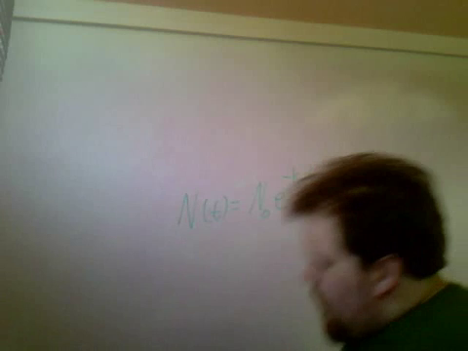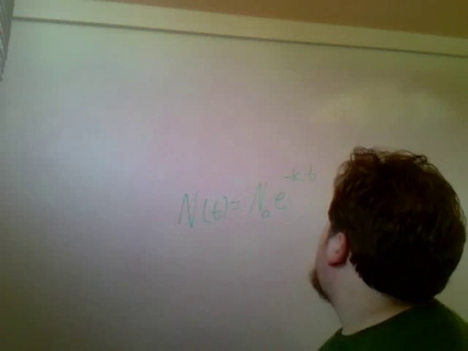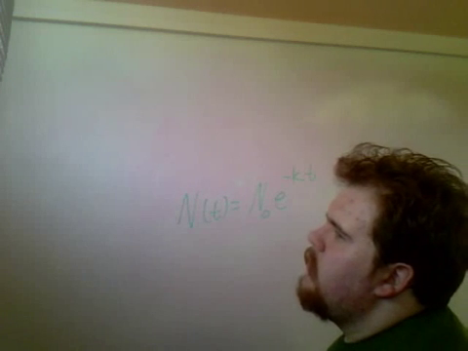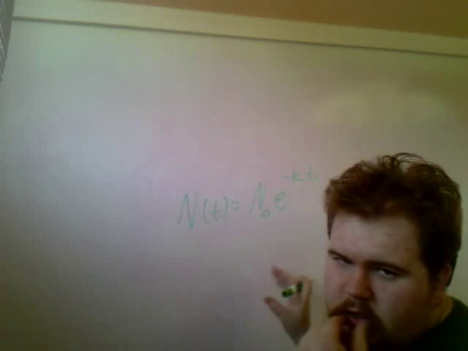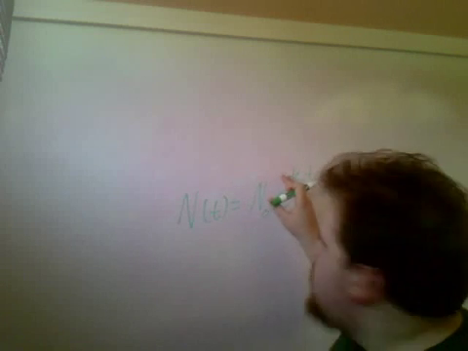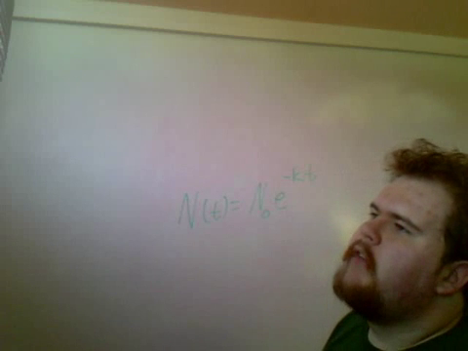Now, radioactive materials have a characteristic called a half-life. And k is a constant which is dependent upon the particular half-life of the material.